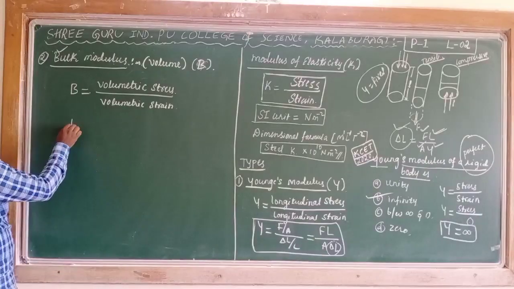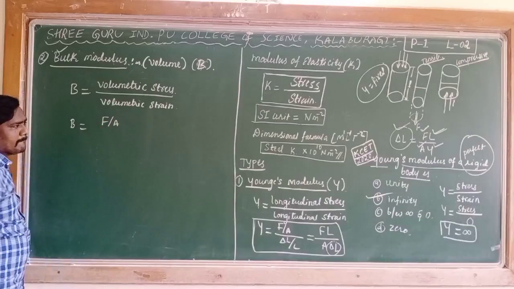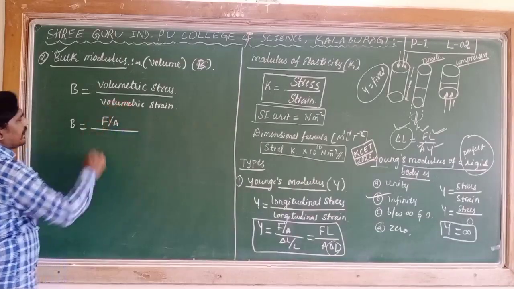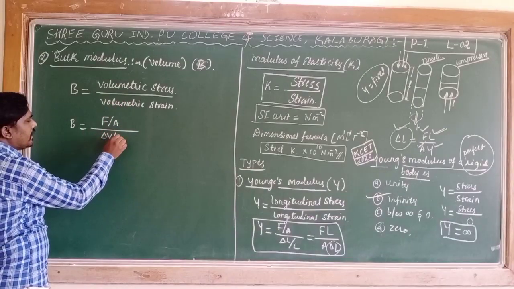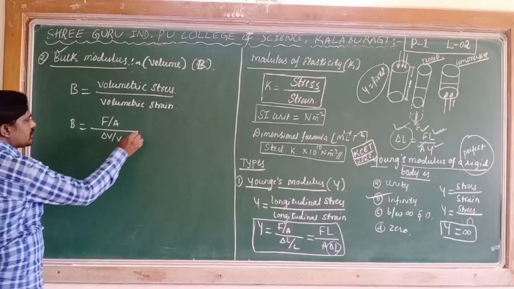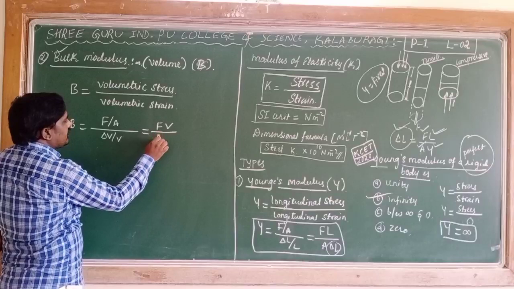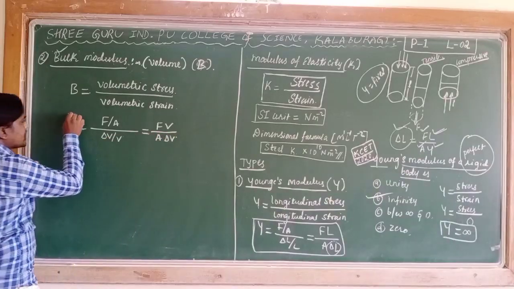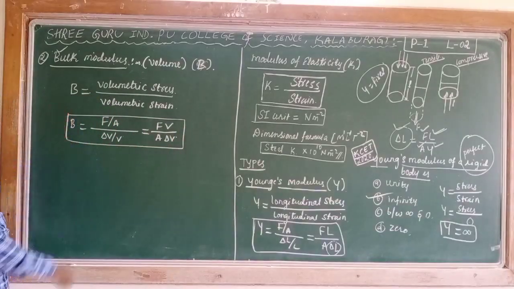Volumetric stress means, definitely we know that stress means force acting per unit area. By volumetric strain means change in volume by original volume. This we can also write as FV by A into delta V. This concept we can use in the next chapters, those of kinetic theory of gases.